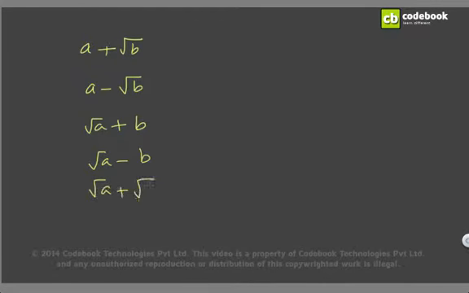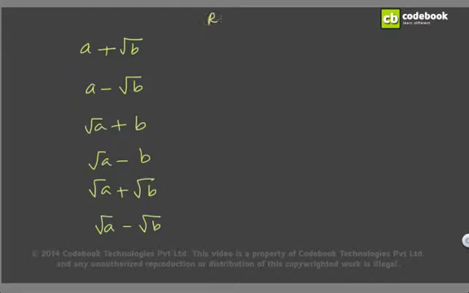The denominator could be of the form a plus root b, or a minus root b, or root a plus b, root a minus b, or root a plus root b, and finally root a minus root b. These are the different combinations of the denominator which has two terms and one or both of its terms are irrational numbers.